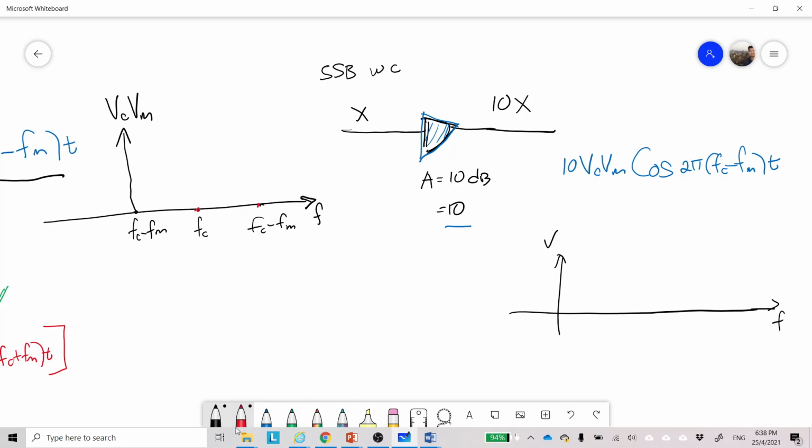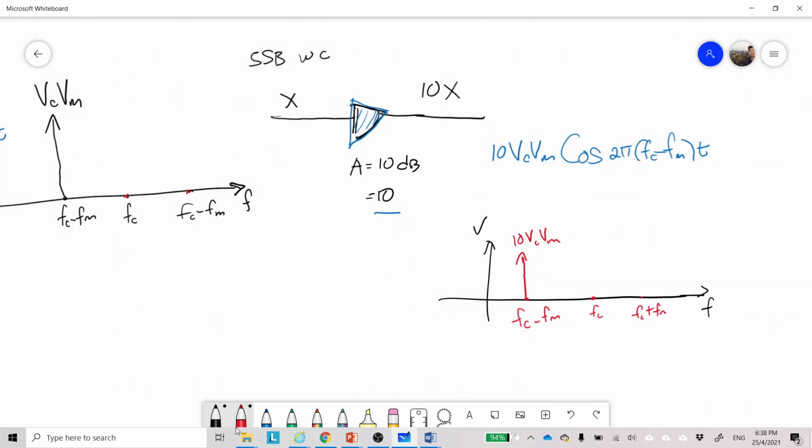Here is FC, here is FC plus FM, and here is FC minus FM. The output over here has an amplitude of 10 VC VM.